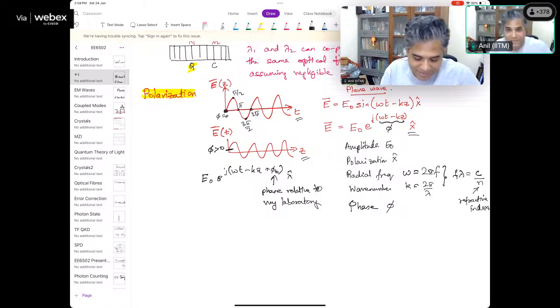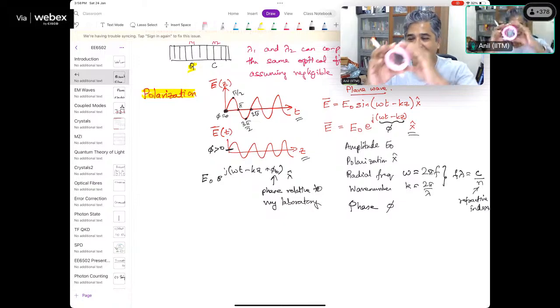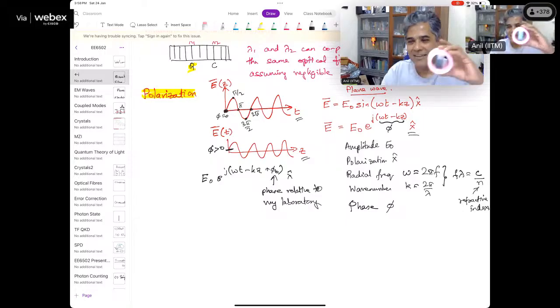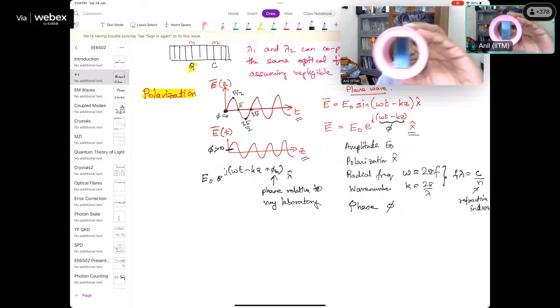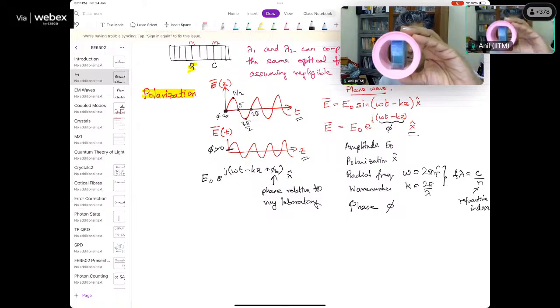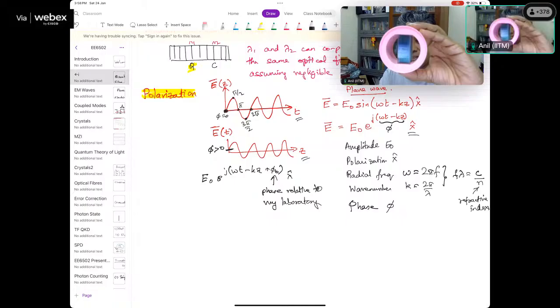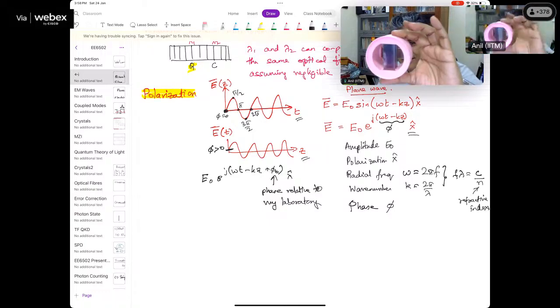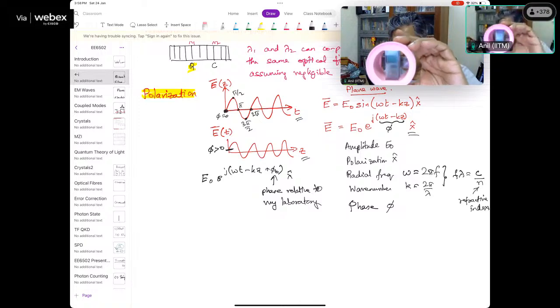Let me see if I can show it to you. I do not know how well this is visible, but you'll see the color changes in the middle when I have all these glass slides stacked. And then I can make it darker by rotating one of the glass slides.